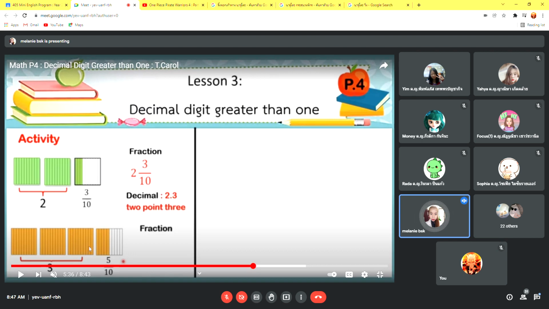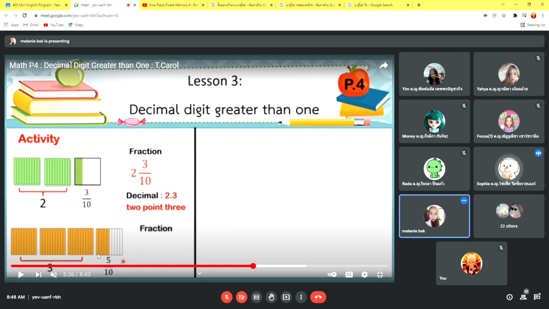And how many parts are shaded? All 10 parts. Okay, so there are 3 squares whose whole parts were shaded. And how many parts are shaded in the 4th square, children?